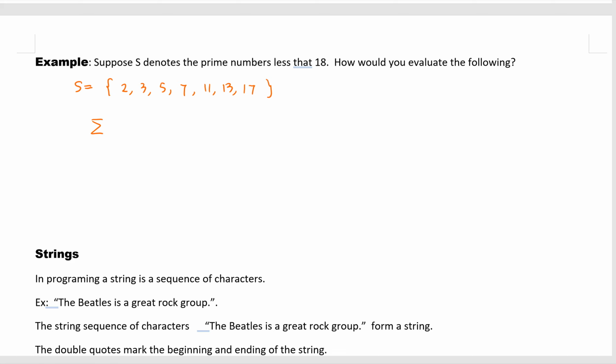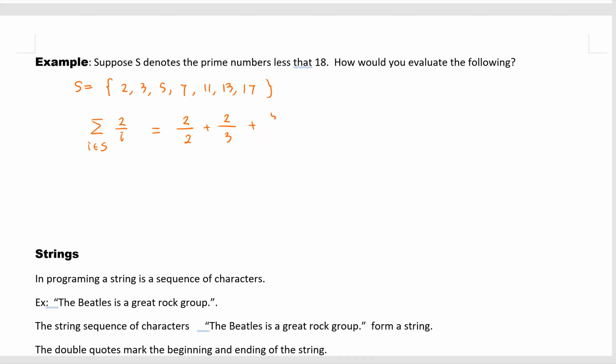Okay, let's evaluate the following. Let's evaluate this one: the sum over i in S of 2 over i. What is this? Well, what does that mean? It means we sum the expression for i in S. The first number is 2, and then the second number for i is 3.